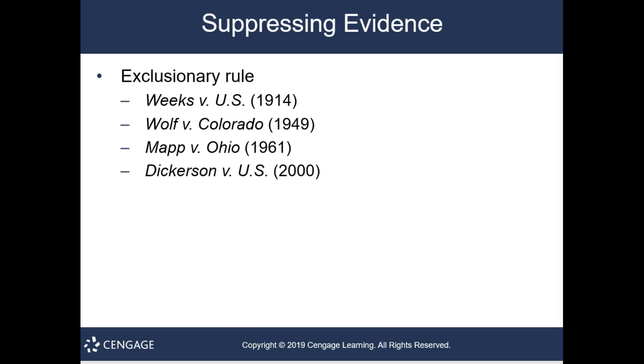So in essence, we're not going to let you violate their constitutional rights and get away with it. If you do violate their rights, we're not going to let you use that evidence.